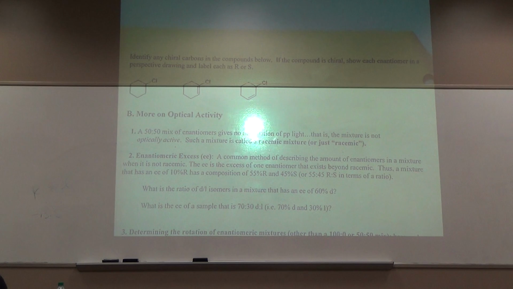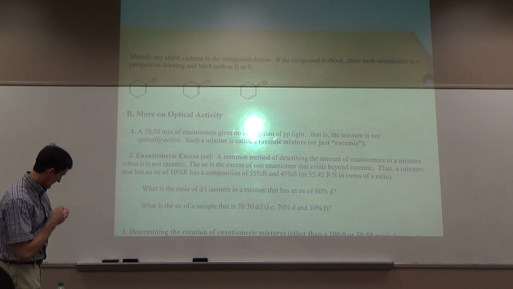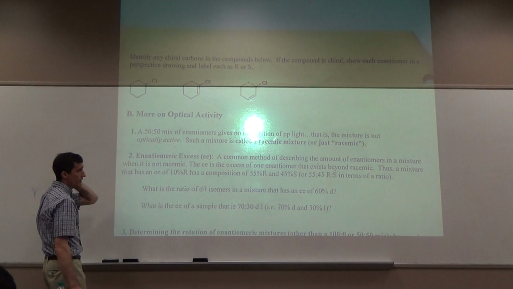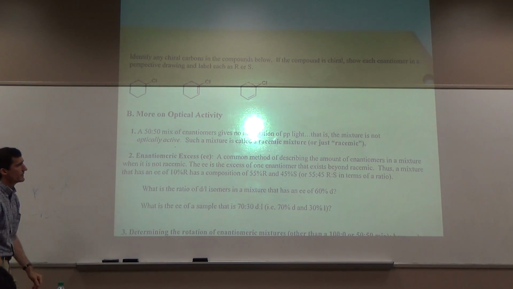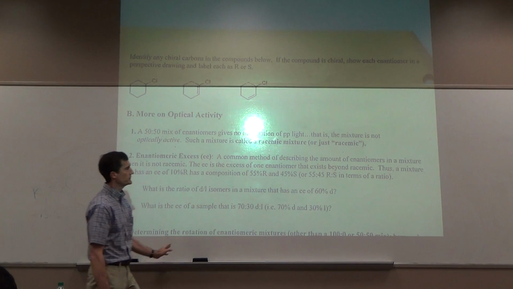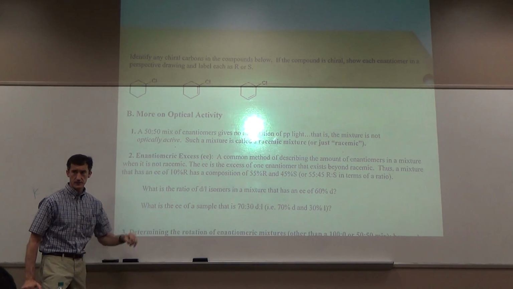The question is, what if it's some type of ratio in between 50-50 and 100-0? What would that rotate? First, before we do that, let's introduce the term enantiomeric excess. This is a common method for describing the amount of enantiomers in a mixture when it is not racemic, when it's not 50-50.